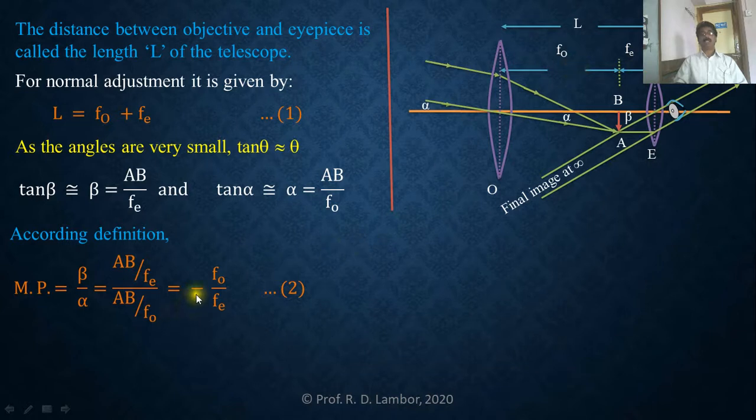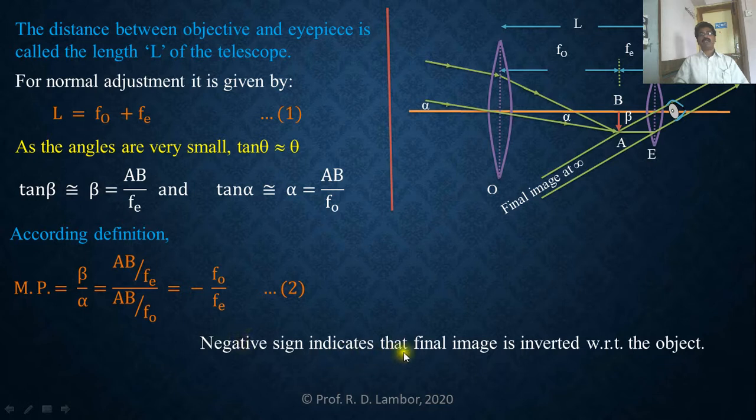That's why the magnifying power of the telescope is getting negative. And this negative sign has meaning. See here, the negative sign indicates that the final image which is formed at infinity is inverted with respect to the object.